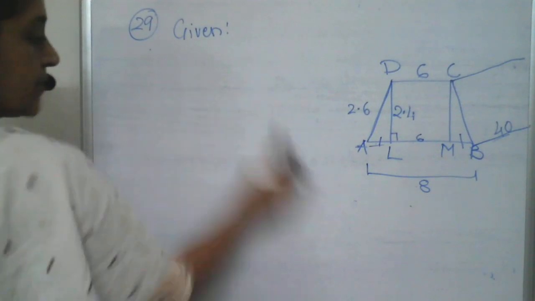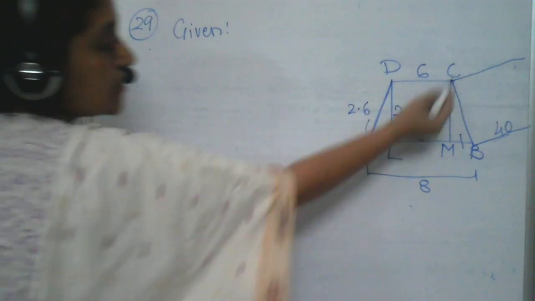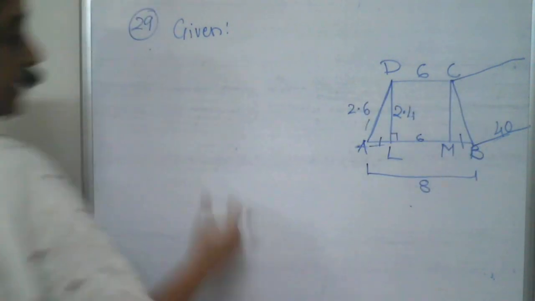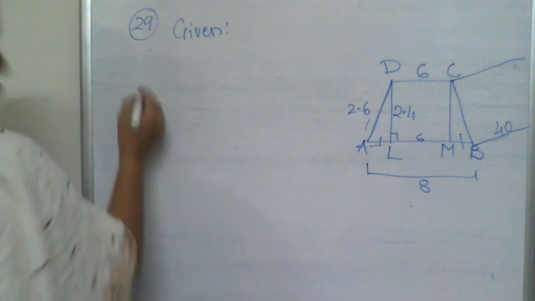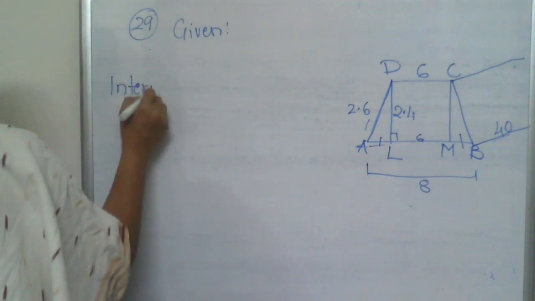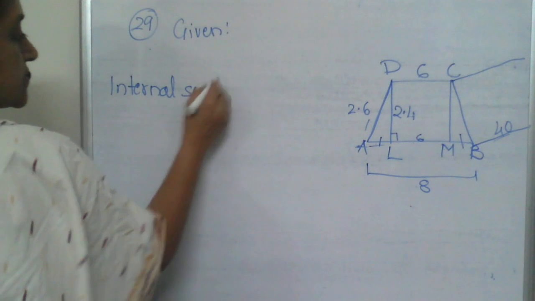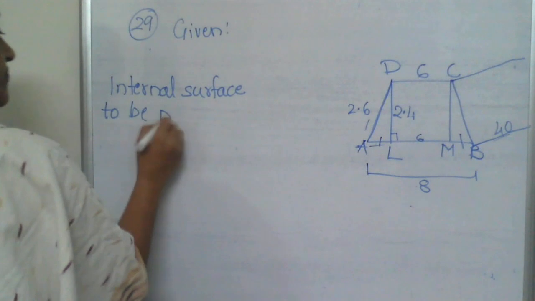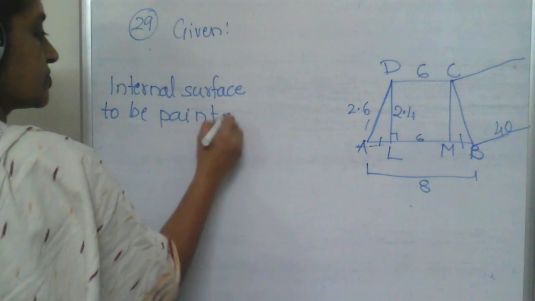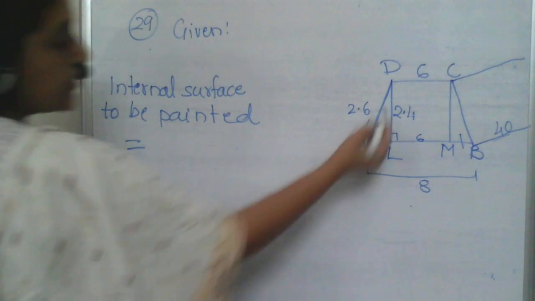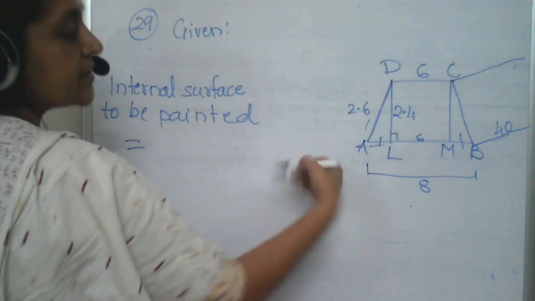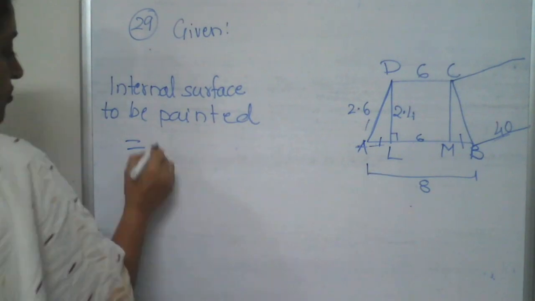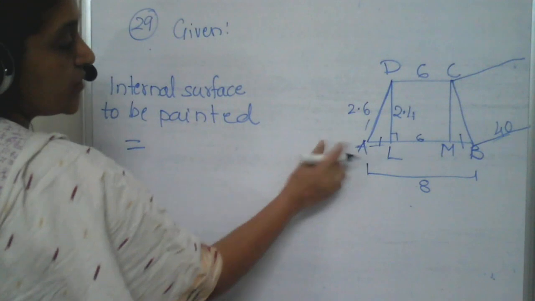Now area to be painted means what? This wall and the top. So wall is same sized, so we can take it 2 times. Internal surface to be painted is equal to, now see here, this is the width, and the length is going to be 40 because that tunnel is 40 meters long.